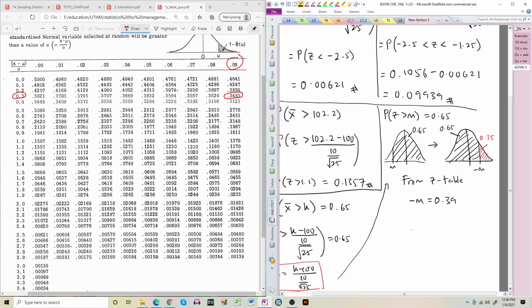Alright, so replace back. What is your m? K minus 0 divided by 10 over root 25 is equal to 0.39. If you do some algebraic computation, you get 9922.